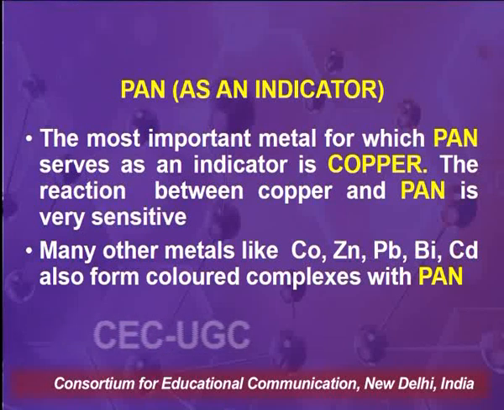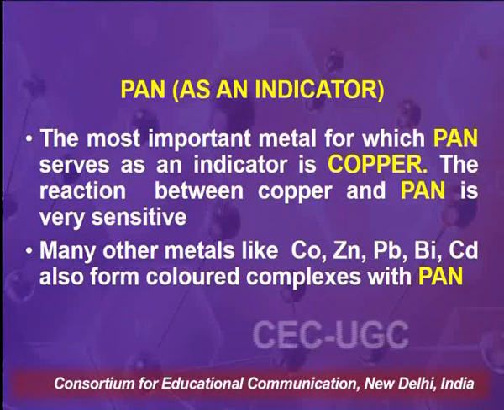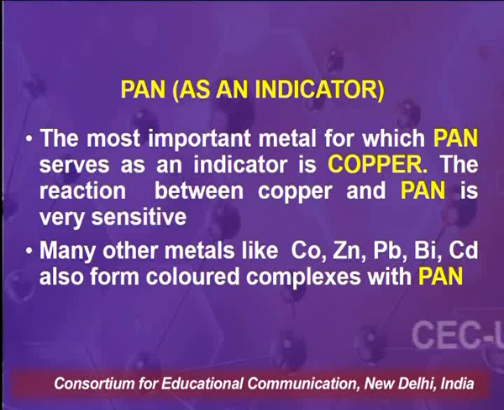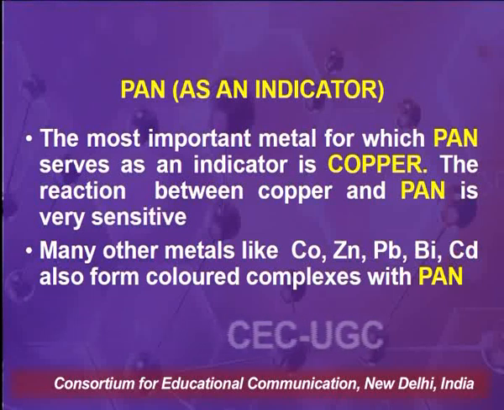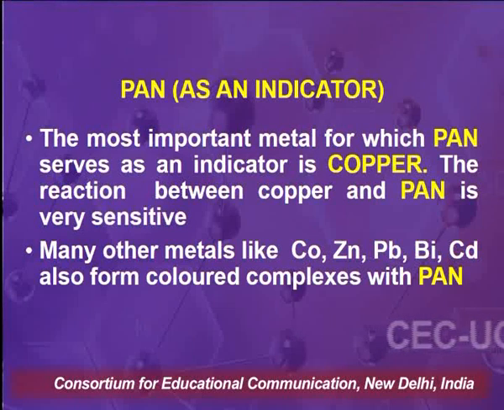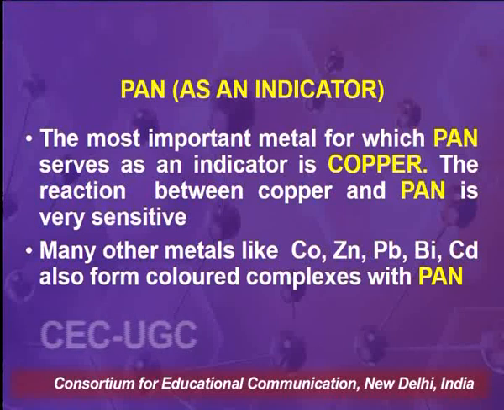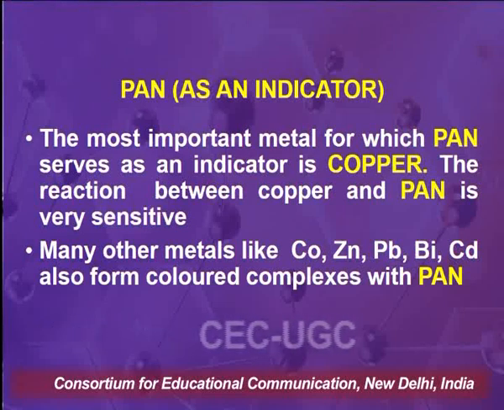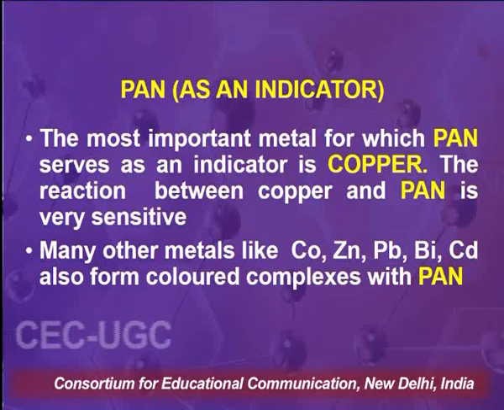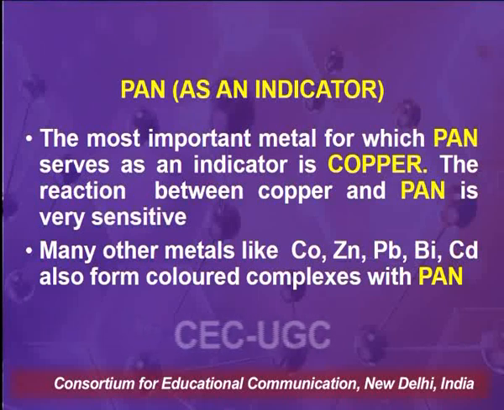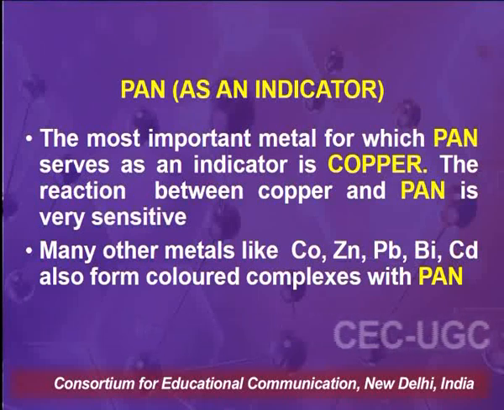As we have seen earlier, copper cannot be estimated using ammonia as the complexing agent, although copper forms a very good tetraammine complex, because copper and ammonia proceed to complex formation in a stepwise manner, and hence the reaction becomes very slow. So for such titrations, the reactions must be fast enough with EDTA also.